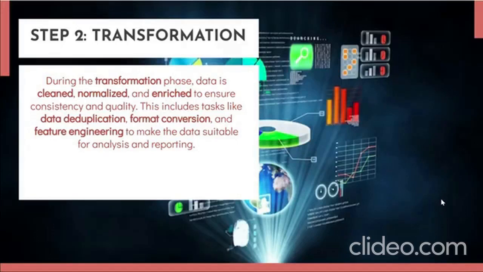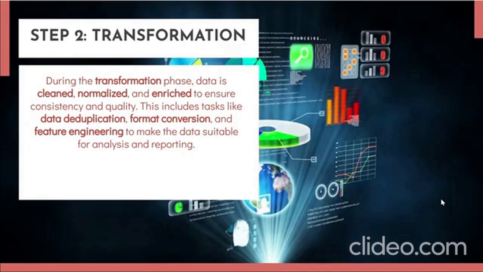And the second step in this ETL implementation is transformation. Here we transform the data that is used to make reports for analysis and for making decisions for the growth of a company or any other organization.